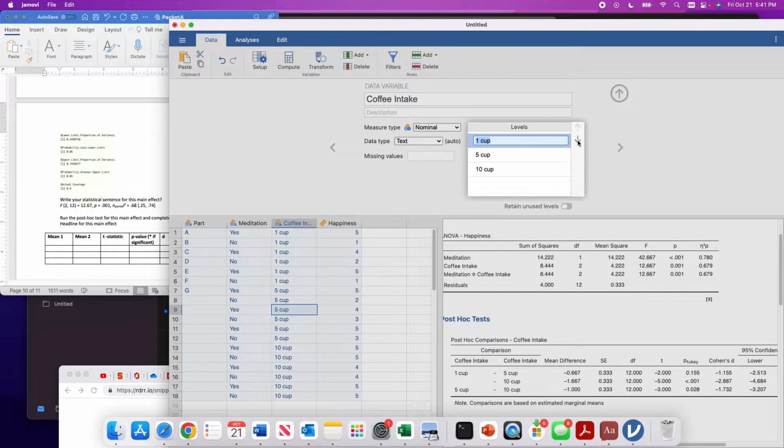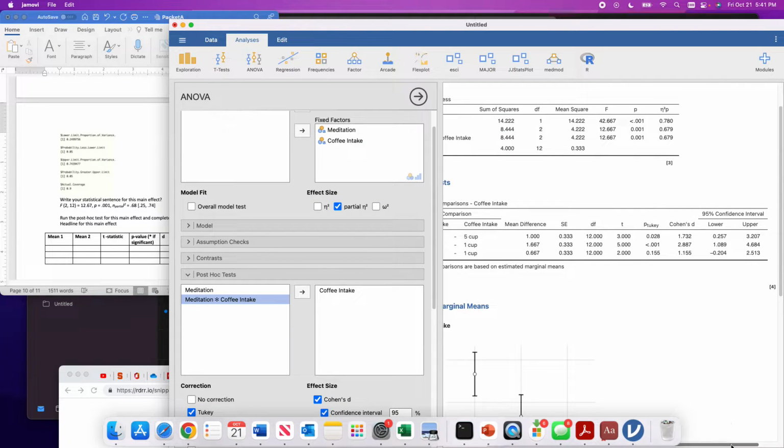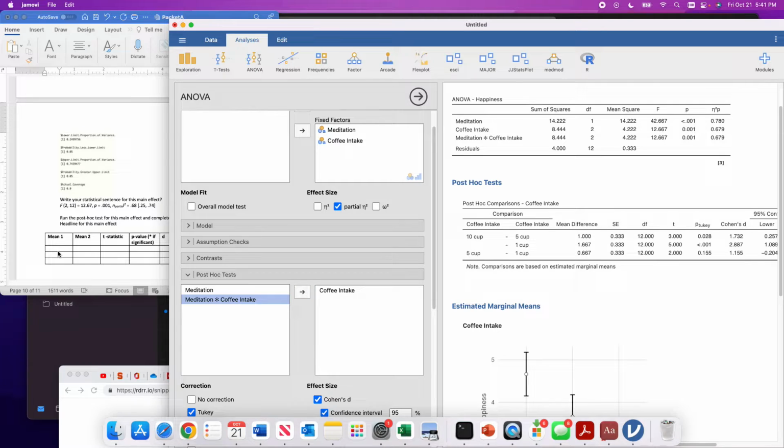Coffee, right? I got 1 cup first. I'm pushing it down. 10 cups, I'm pushing up. 10, 5, 1. And you'll see, look, all that beautiful stuff happens. Every single result met my prediction that more coffee is more happiness. So my Cohen's d's should all be positive. They are. So that's good. Let's see what we got here.